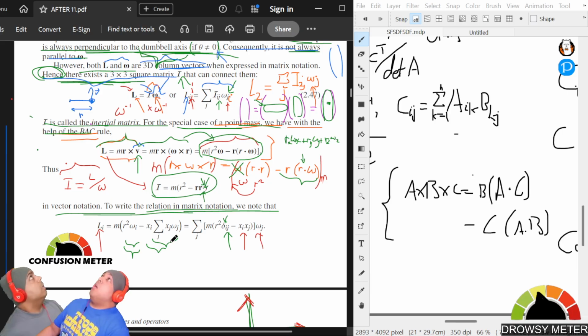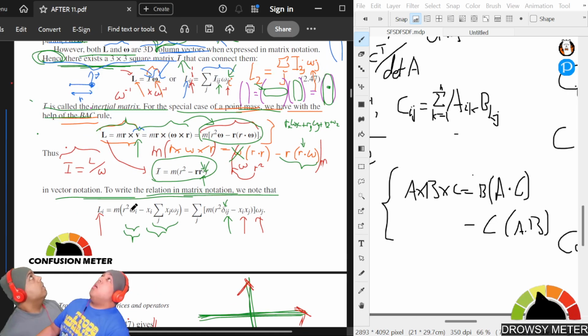In vector notation, to write the relation in matrix notation, we know that L_i, we have to work from here again. L_i equals m r squared omega_i. Okay, C_i equals a_i plus v_i, right?